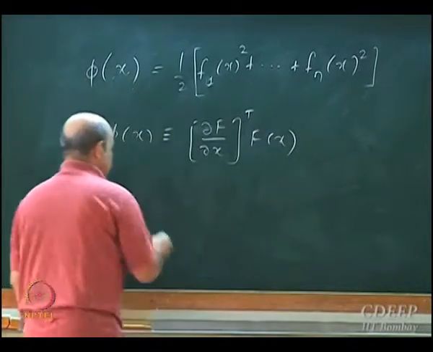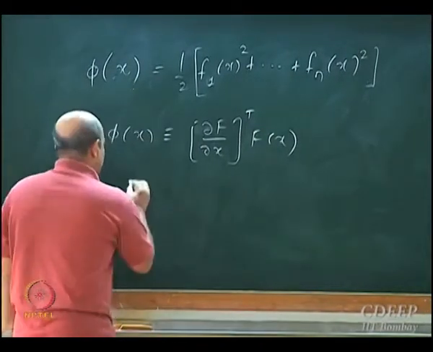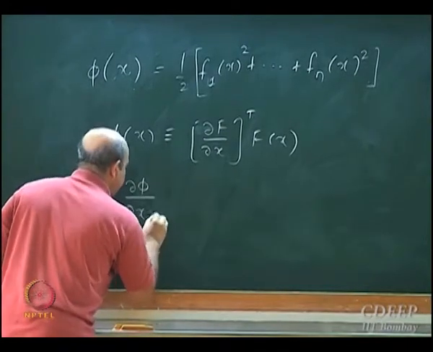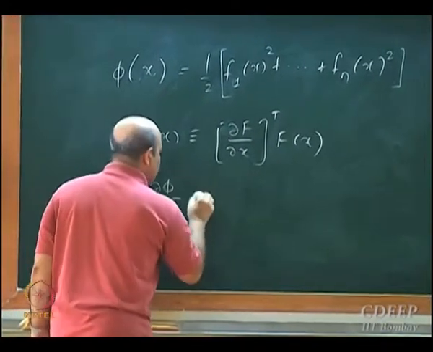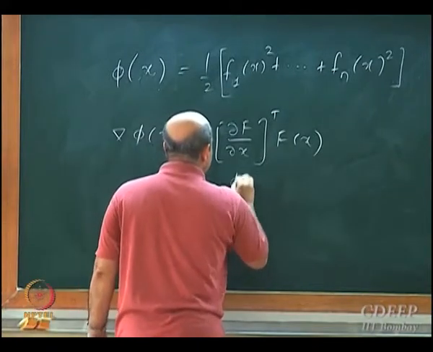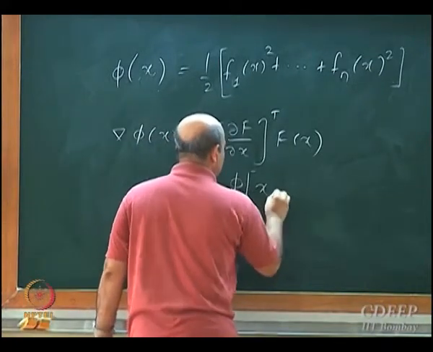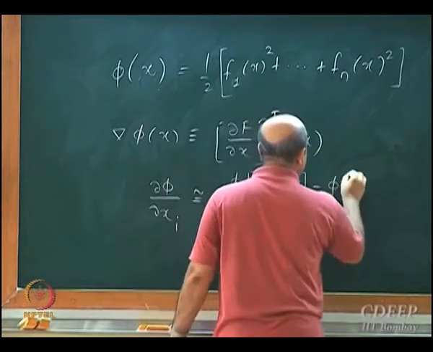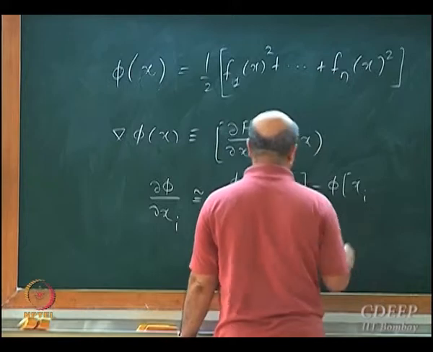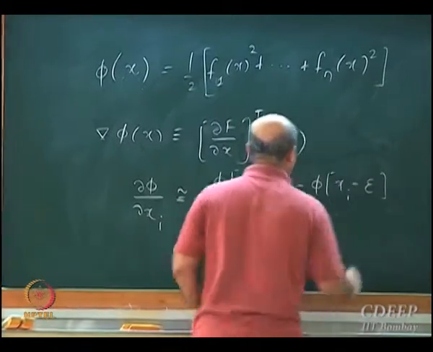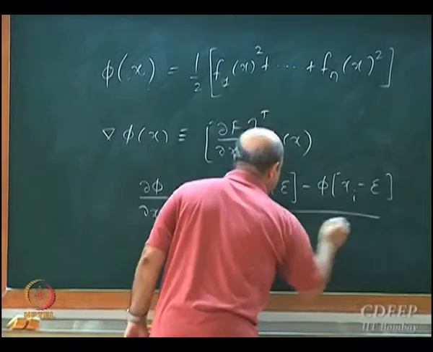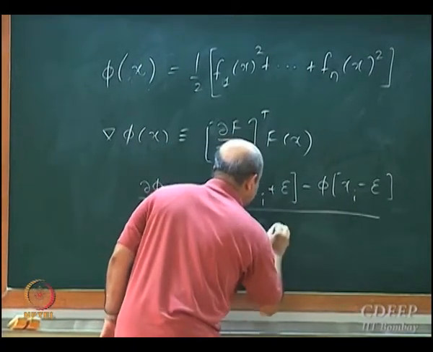So if I want to compute ∂phi/∂x_i, we approximate this as phi(x_i + epsilon) minus phi(x_i - epsilon), just perturbing the ith element, remaining elements are the same, divided by 2 epsilon.